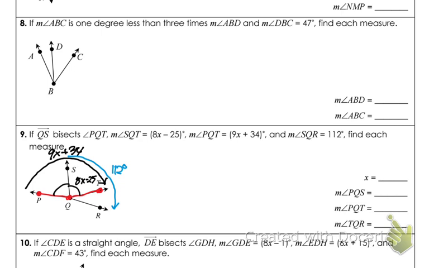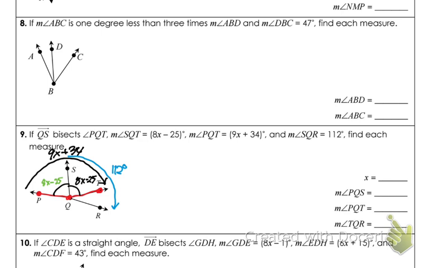But here's something you can always do. See how this is 8x minus 25? I could then say that this one's also. So this is what I'm going to add to my drawing. I'm going to say this one is also 8x minus 25 because they're both the exact same. Now we can do angle plus angle equals big angle.